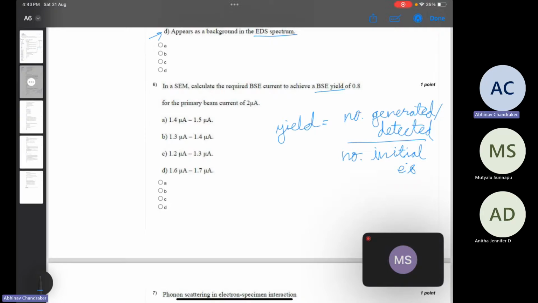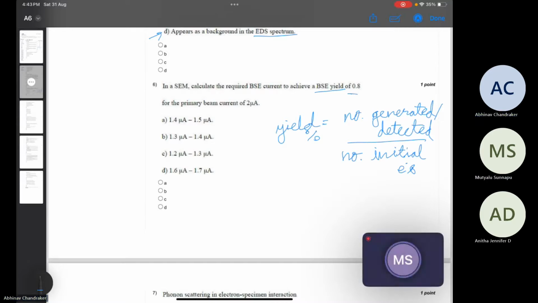When the primary electron beam interacts with the specimen, you will have majorly two kinds of electrons which will come out at high intensity. One will be BSE and one is SE. Both get generated due to different phenomena, and based on how much is generated, you can calculate a yield percentage.